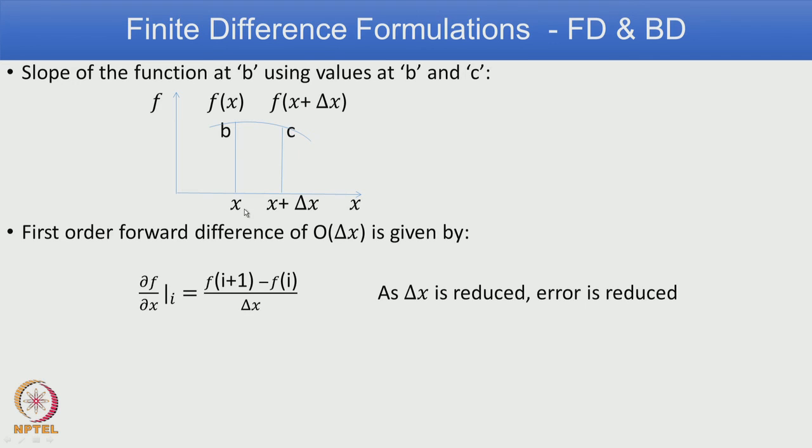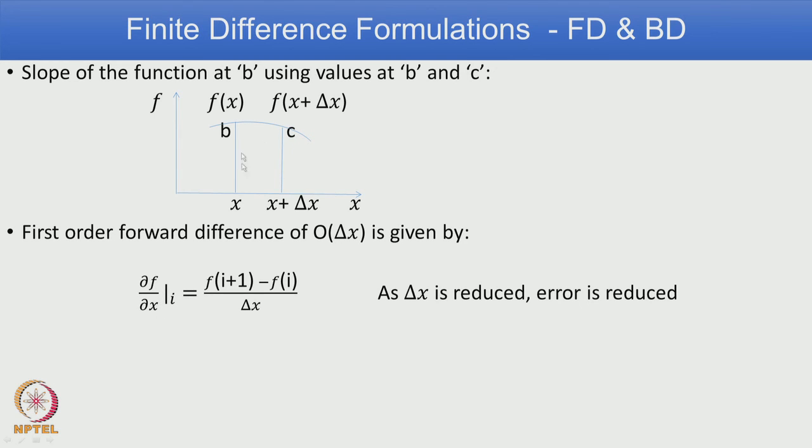You can also represent it in terms of I notation. So, x is I, that is the point of interest. So, f of x plus delta x becomes f of I plus 1, and f of x becomes f of I, and you get a formula like this, and this is the forward difference formula for the first derivative.